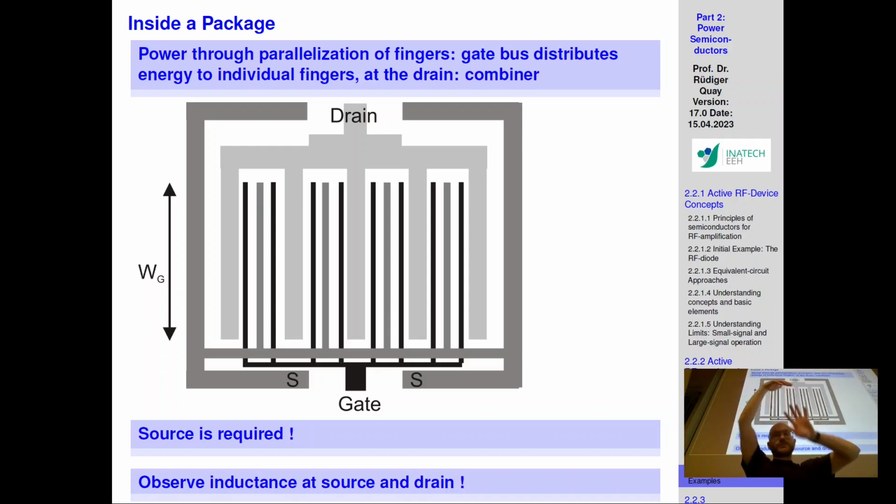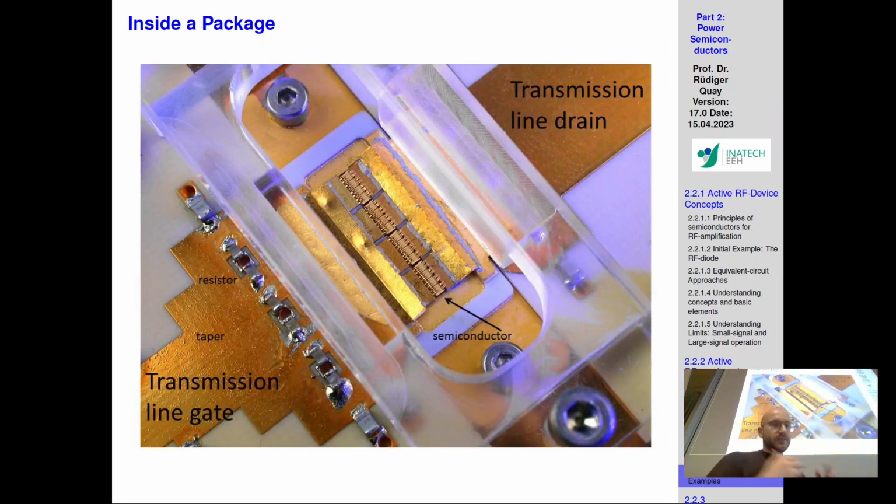In this feeding structure of the gate, source, and drain, these are then packaged in small metal alloy packages, mainly for heat transfer, and inside the packaging you have, for example, pre-matching and output matching.